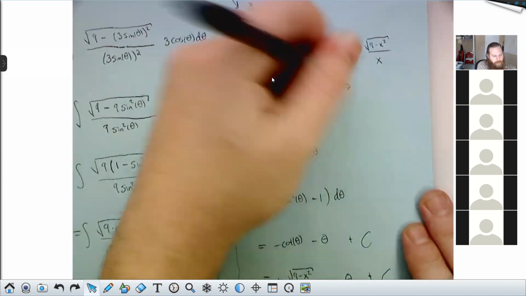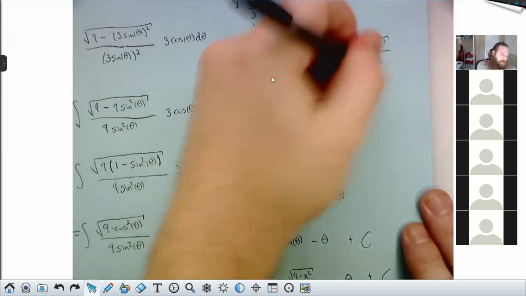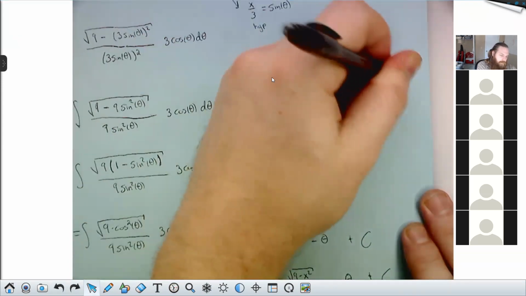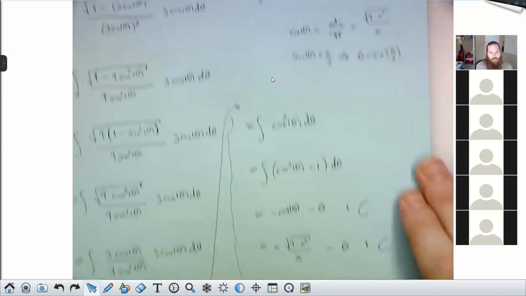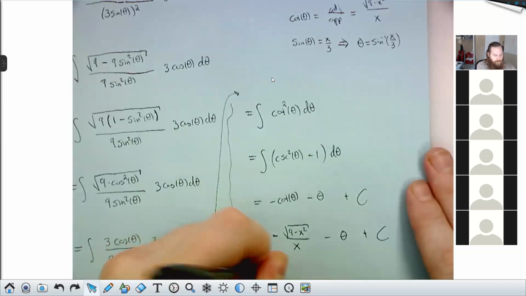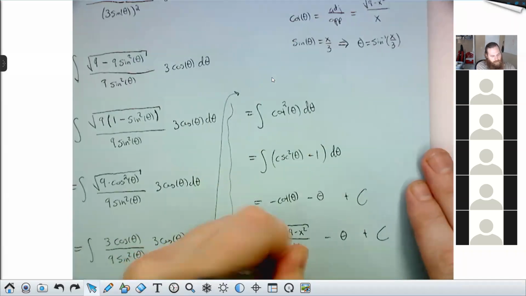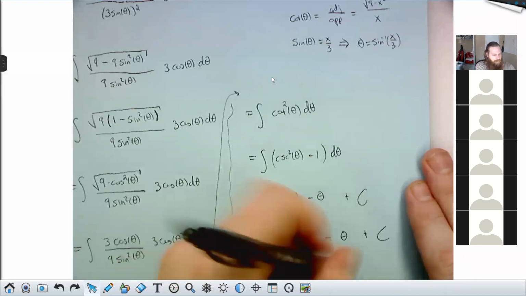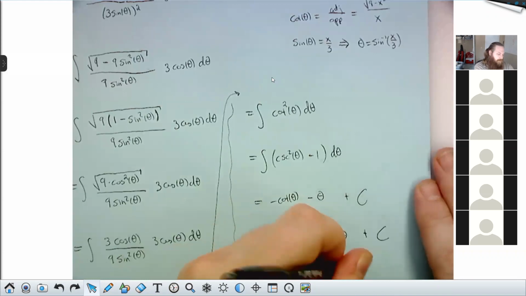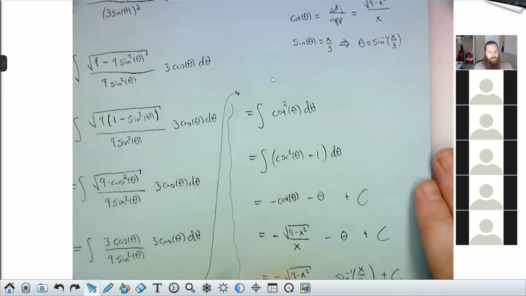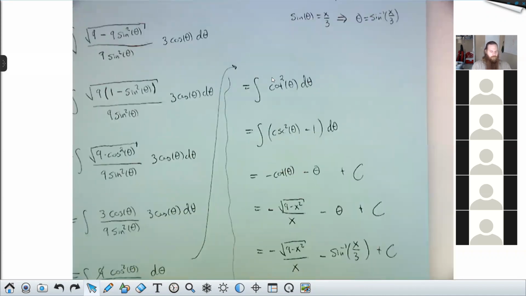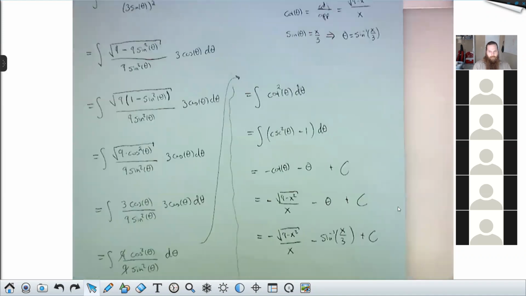So I can solve for theta by taking the inverse sine. Theta is the inverse sine of x over 3. Put all that together, and we get negative square root 9 minus x squared over x minus the inverse sine of x over 3 plus a constant. And that's your final answer here. Yeah, very good, Matt.